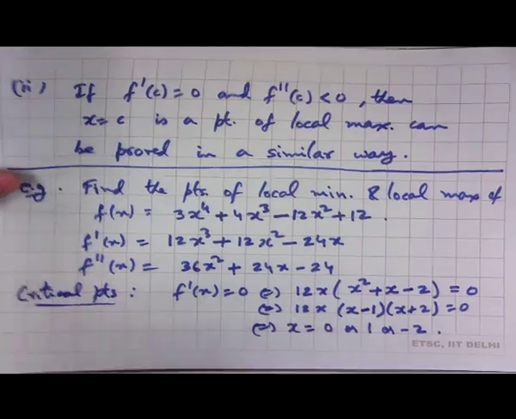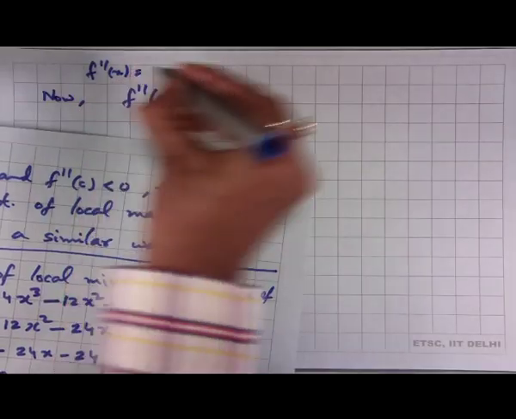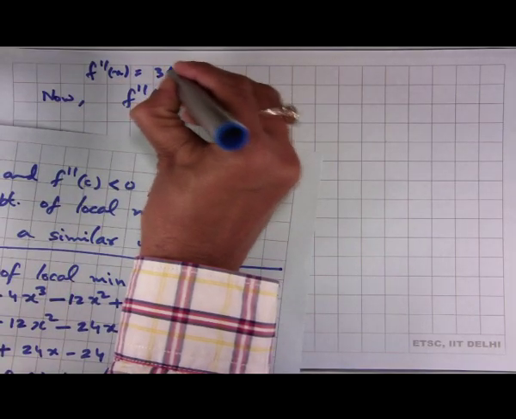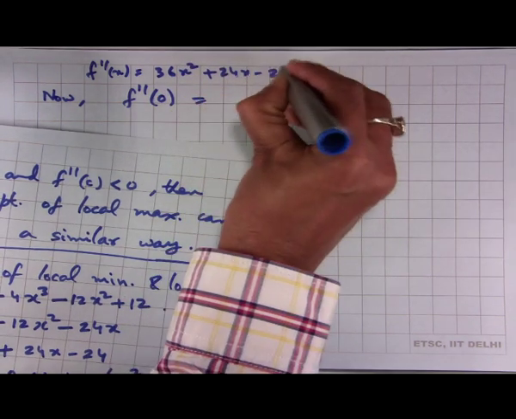Now, we use the second derivative test. So, we need to find the second derivative at these points. So, now f double prime at 0. If I put x equal to 0, let me write down what is f double prime of x. This is 36x square plus 24x minus 24.